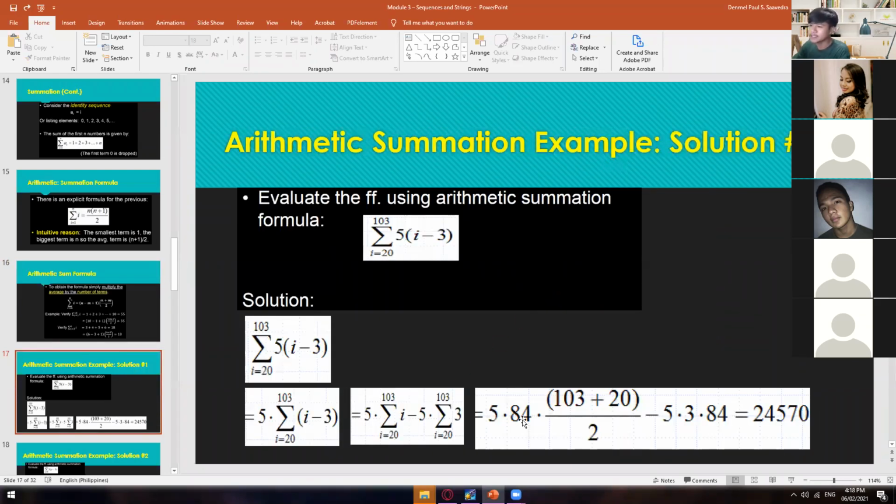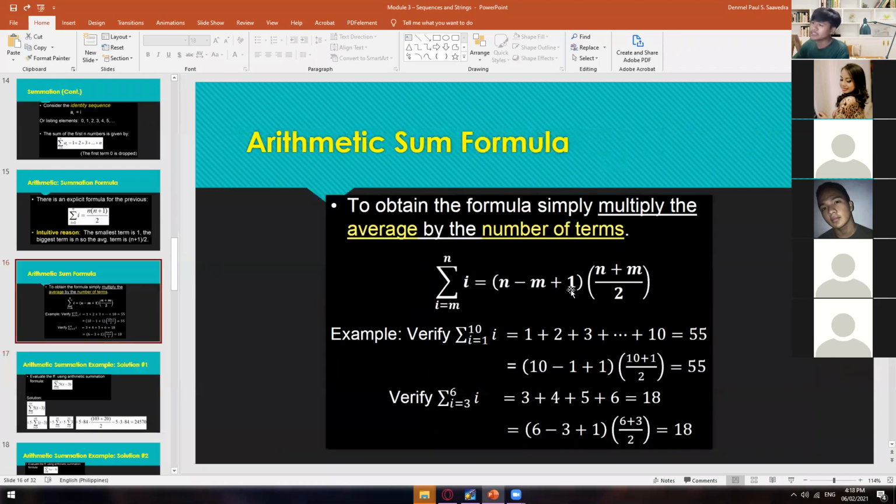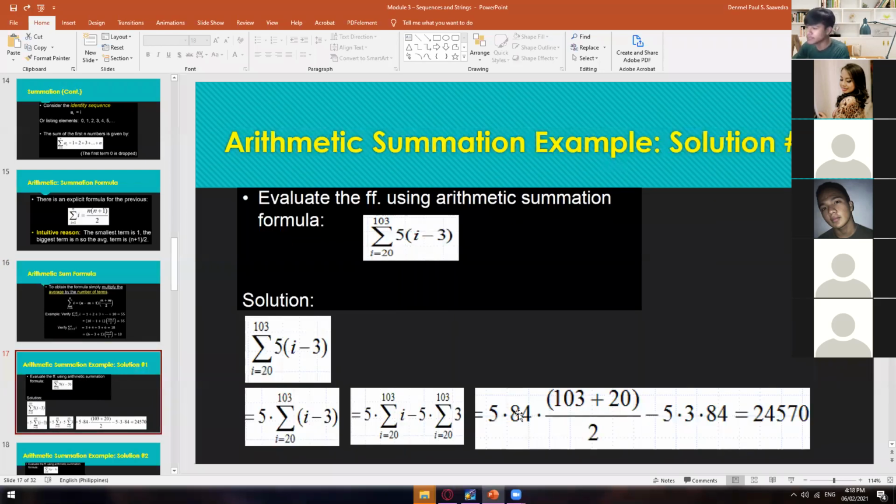As you can see, 103 minus 20 plus 1 is equal to 84. Once you see this summation, that's the range, which is equivalent to this formula, n minus m plus 1. So that's how we got the value of 84. Are we clear so far for this one? And how did you get the 84?